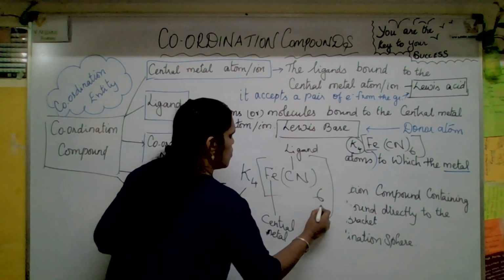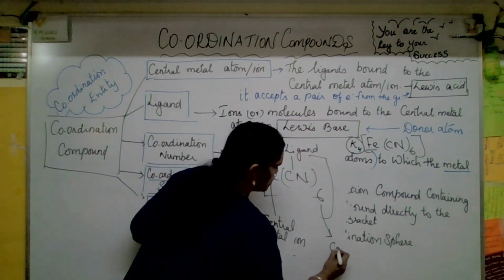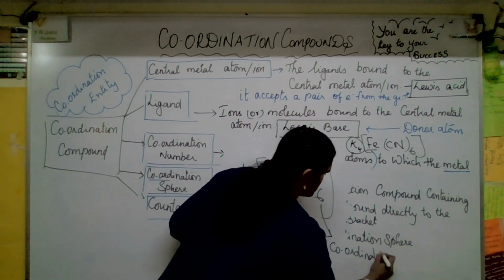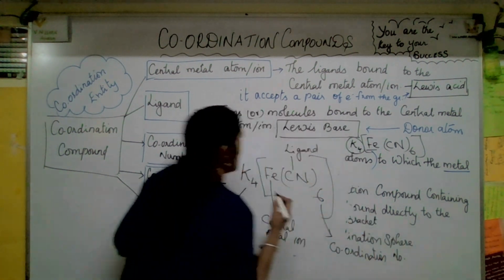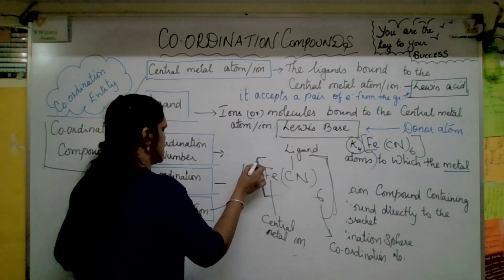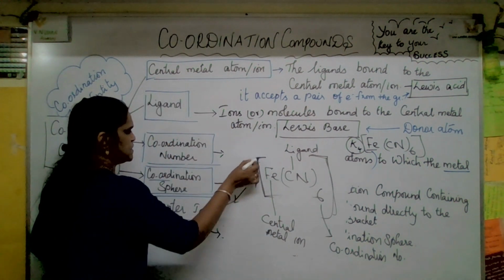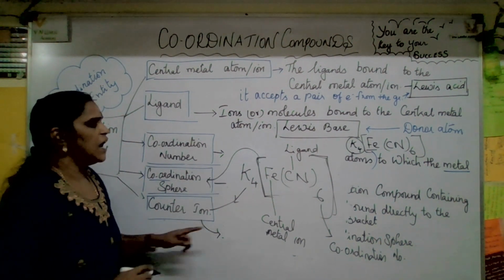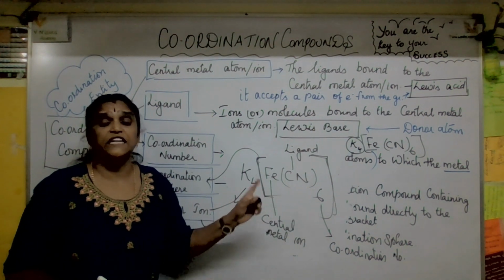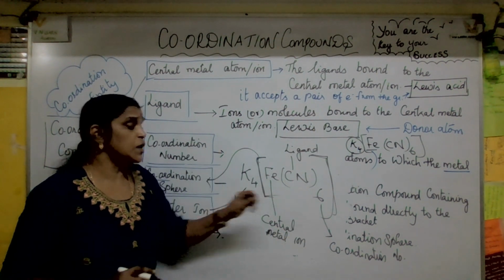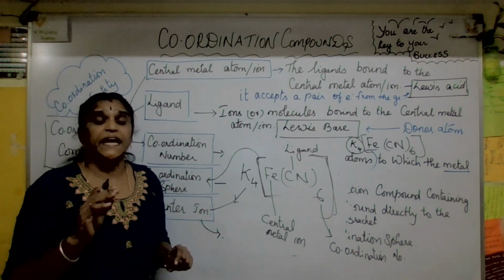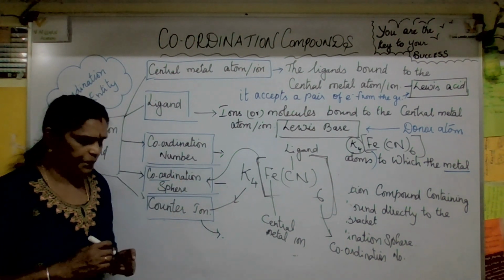And 6 is the coordination number. And this one, the square bracket, is the coordination sphere. I hope you got a clear idea. This is K4[Fe(CN)6], potassium ferrocyanide. So that is the complete idea. Now we are going to see each and everything in a detailed way.